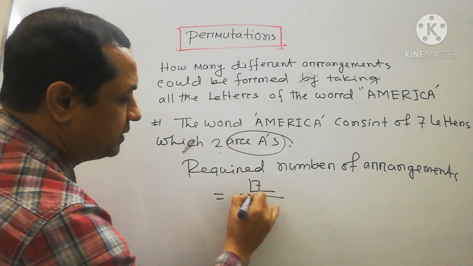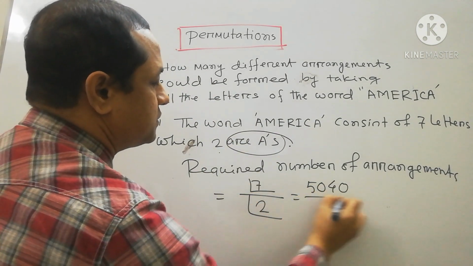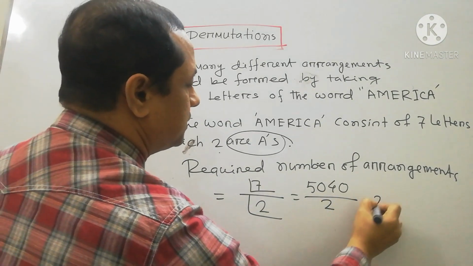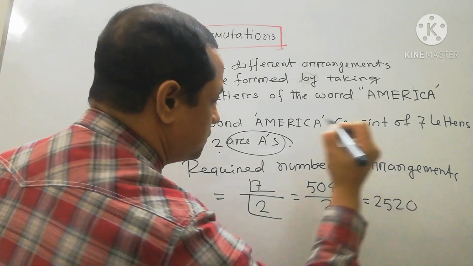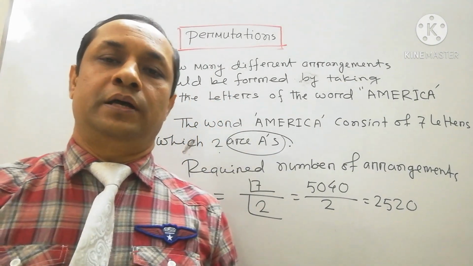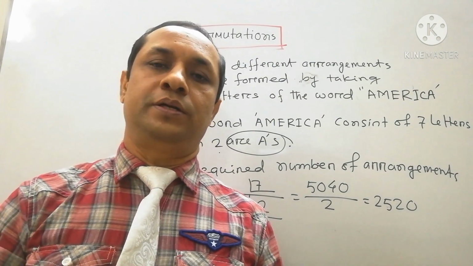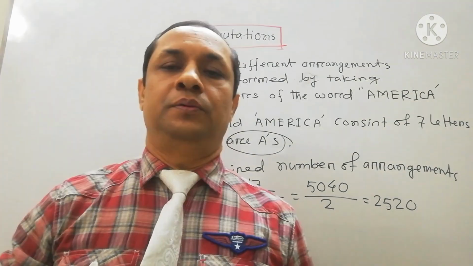So using a calculator, 5040 divided by 2 equals 2520. So all things are not different. I hope you are clear, students.